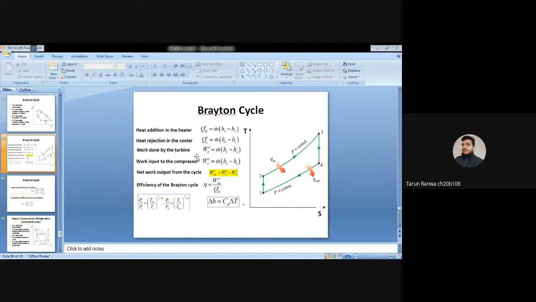Similarly we can compute other quantities like work output, net work output, and efficiency equals net work output divided by heat added, so W net divided by QH. We can apply these equations for an adiabatic process, and we can write delta H equals Cp into delta T, Cp at constant pressure.